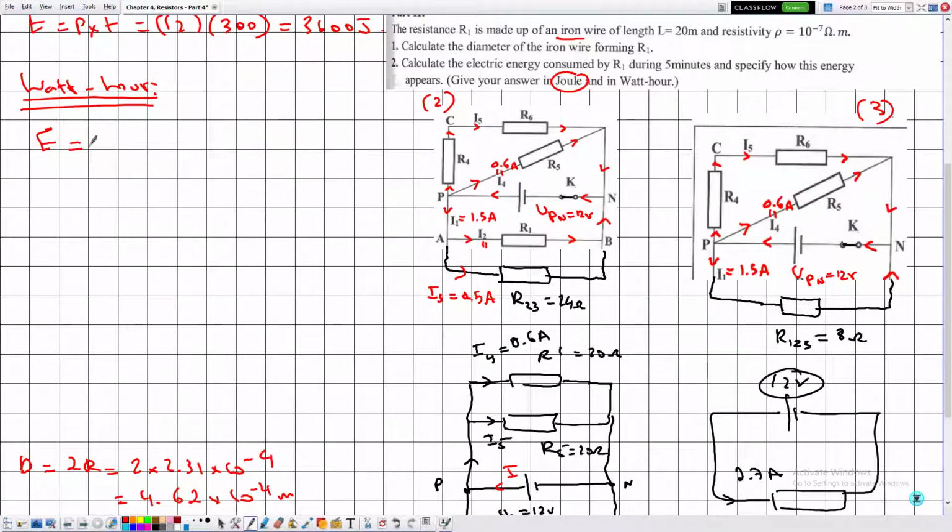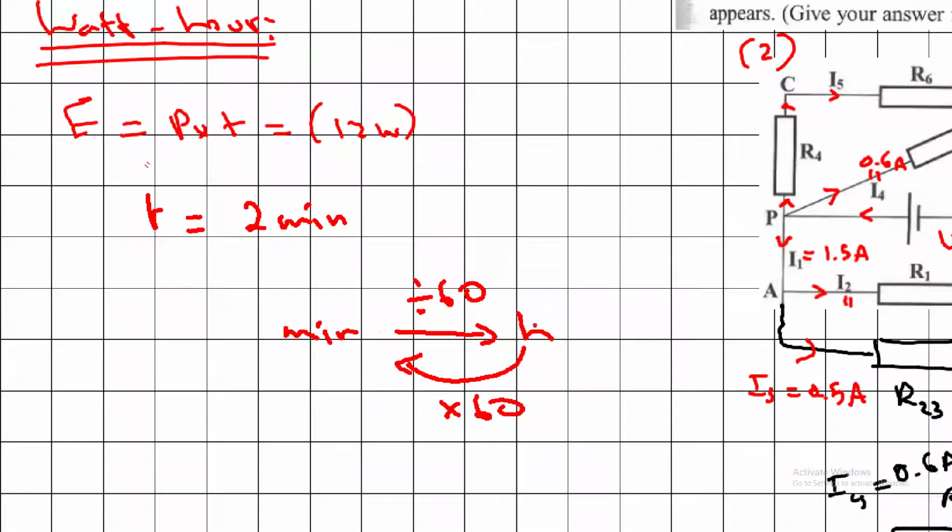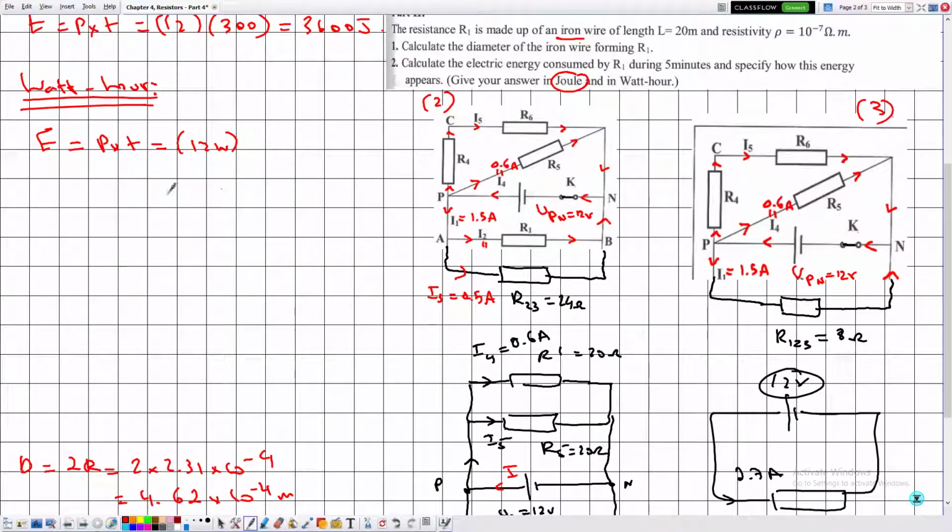So E is equal to P times T. We know that the power is given by 12 in watts. As for the time, which is equal to 2 minutes, in order to convert from minutes to hours, we need to divide by 60, because for each hour we have 60 minutes. Then going from minutes to hours, we need to divide by 60. So 2 divided by 60.